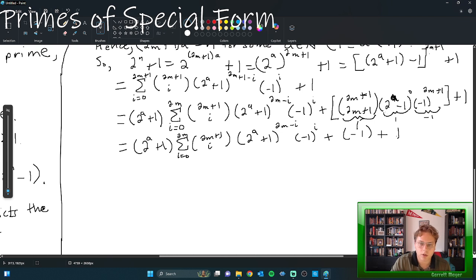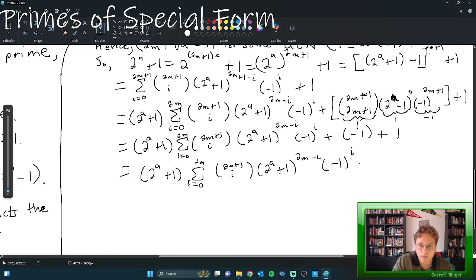So plus negative 1 plus 1, and then ultimately it all just becomes 2 to the a plus 1 times the sum, i equals 0 to 2m, of 2m plus 1 choose i, times (2 to the a plus 1) to the 2m minus i, times negative 1 to the i.